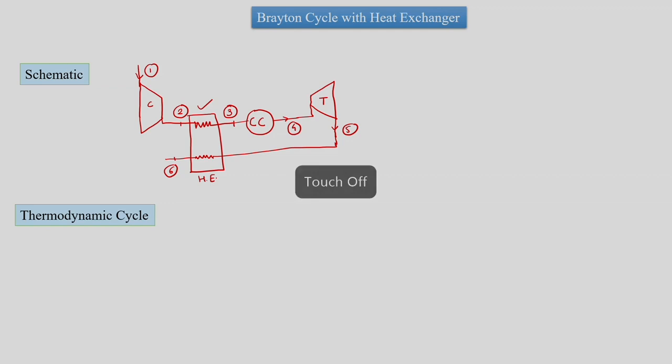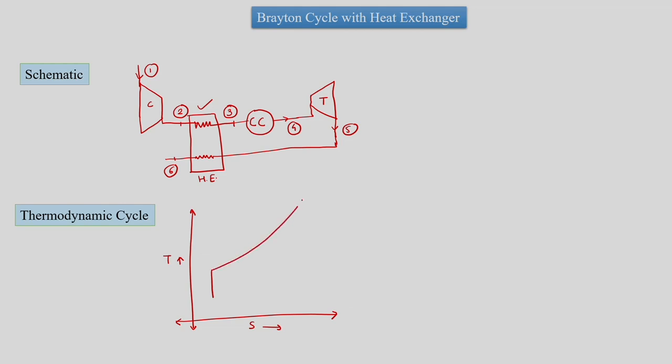Now we will see the thermodynamic cycle. The thermodynamic cycle with heat exchanger would not be largely altered, but we have to show points 4 and 6. So let us plot T and S. 1 to 2 is isentropic compression, 2 to 3 is heat transfer in the heat exchanger, and 3 to 4 is heat addition in the combustion chamber.